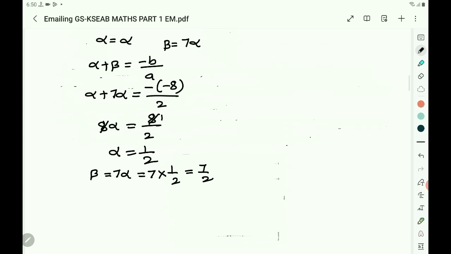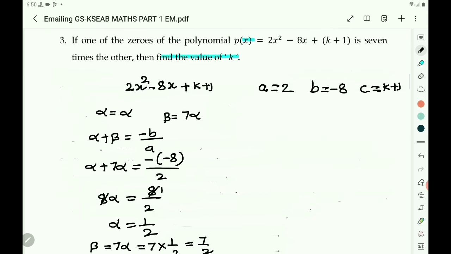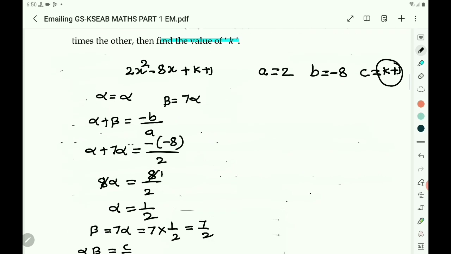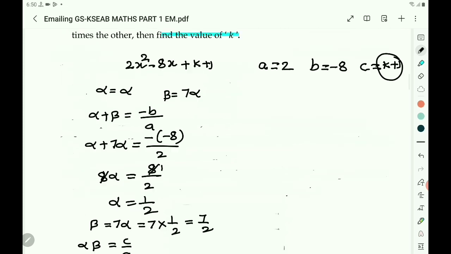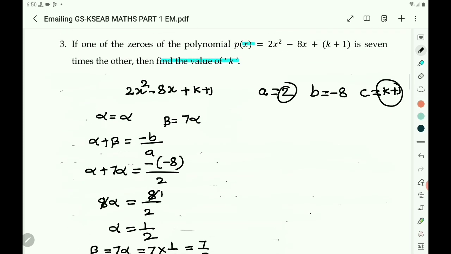Now you take the product of the roots alpha beta. Alpha beta equals c by a. Alpha is 1 by 2. Beta is 7 by 2. And c is k plus 1 by a is 2.